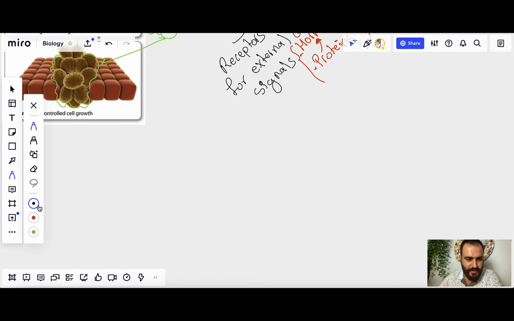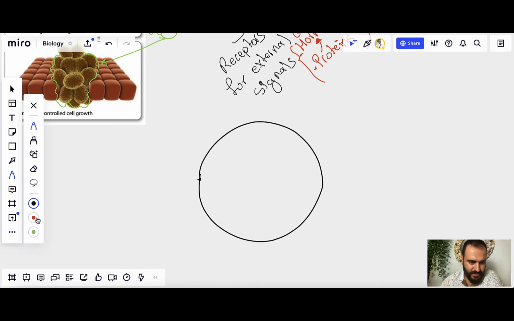So to understand it more, let's consider this is a cell and this is a receptor here, and this is a hormone, growth hormone. And I will add one more molecule here. Okay.